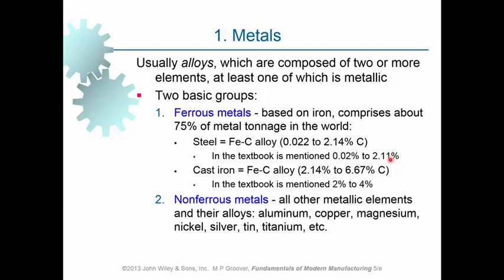The maximum carbon content in steels given in the textbook is slightly different from most textbooks. There are some differences, but anyway, the actual range that is more reliable is this one.